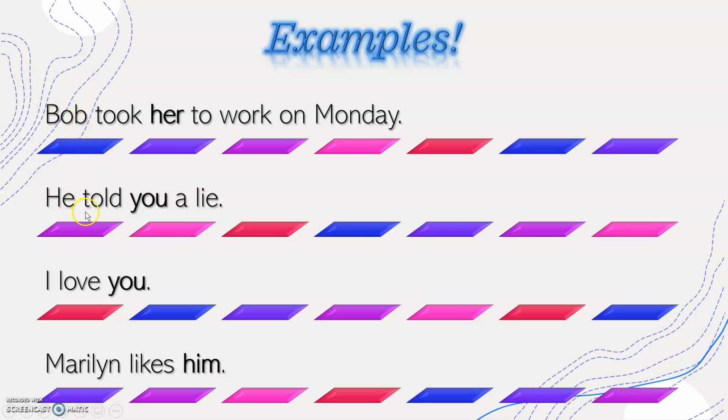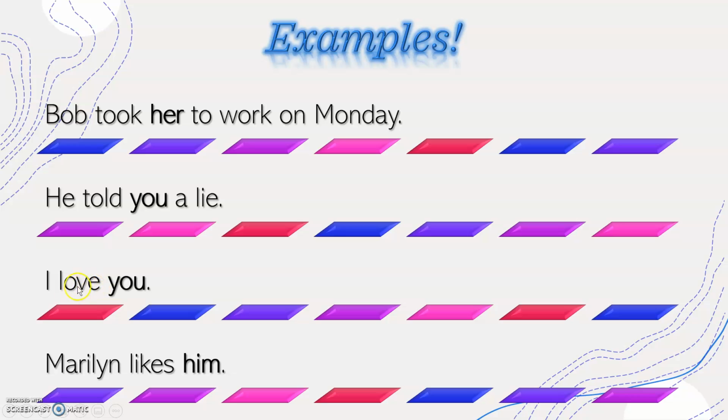In this case, it's the same. He is a subject pronoun, told is the verb in simple past, and you is the object pronoun. So in this case, you, which is the object pronoun, is the one that receives the action of he.